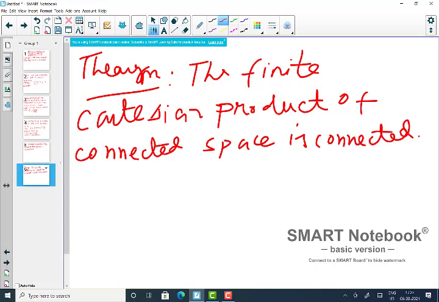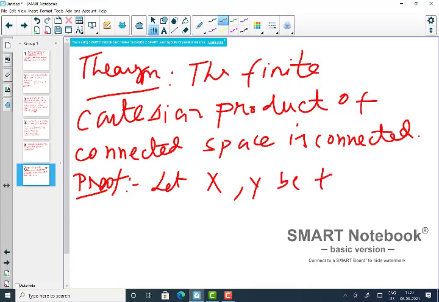Okay, so we will do it for two, and then by mathematical induction we will prove it for the rest, right? So again the proof is elegant. So we start with let X and Y be two connected spaces.